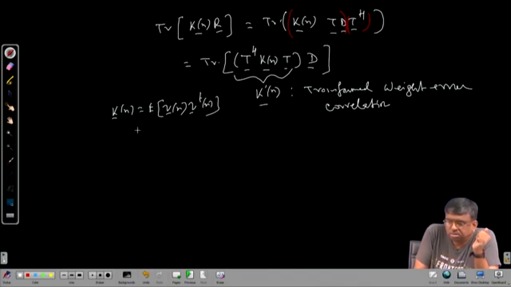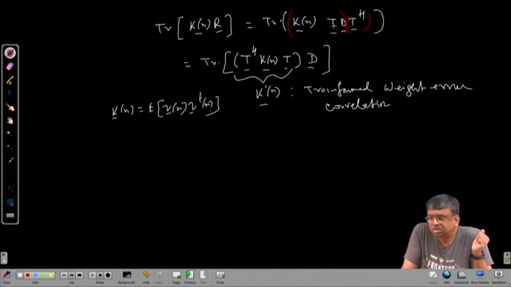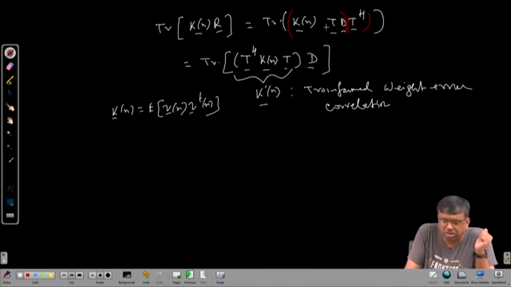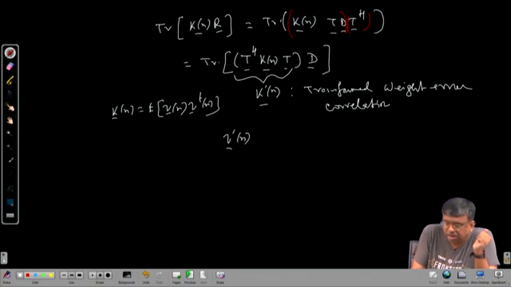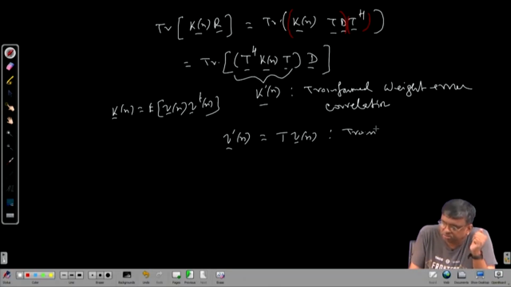Okay. Now, this T is a Hermitian, T is a unitary matrix. Suppose I define V prime n as T working on V n. So, it is transformed. T is a transform, it works on V n, gives you V prime n. So, it is called transformed weight error vector.